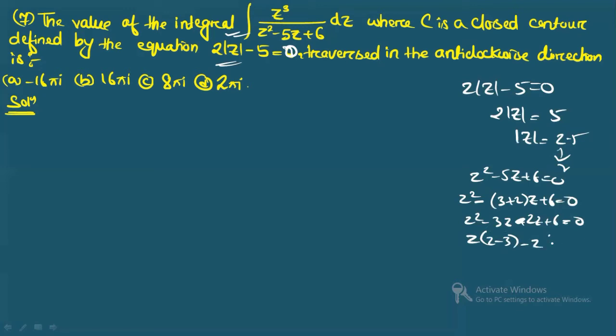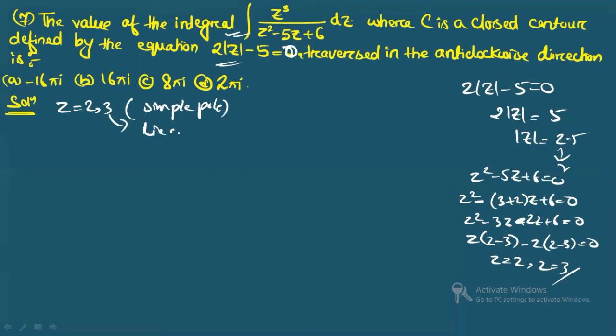Next term you take minus 2 common, you will have z minus 3 equals 0. So z equals 2, z equals 3, simple poles. But here the radius is 2.5, so z equals 3 will lie outside, yes or no? Only z equals 2 will lie inside. So you will find the residue for z equals 2, right?